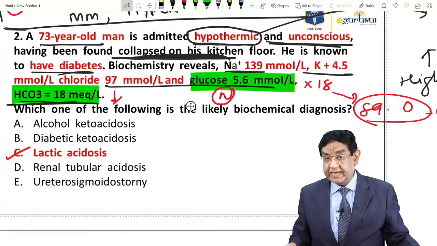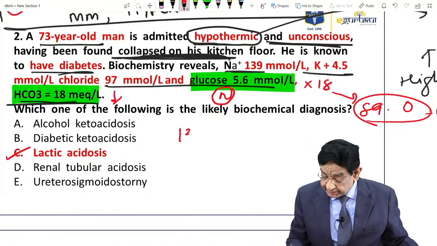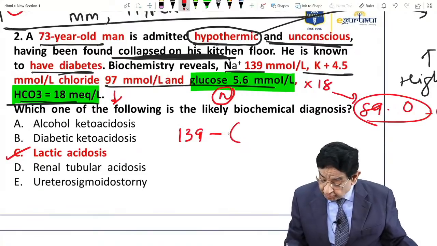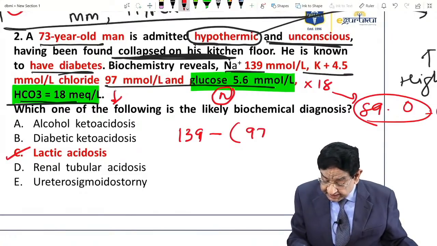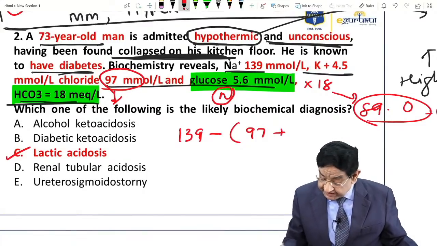Let's calculate the anion gap. Sodium minus chloride minus bicarb. Chloride is 97, and bicarb is 18.